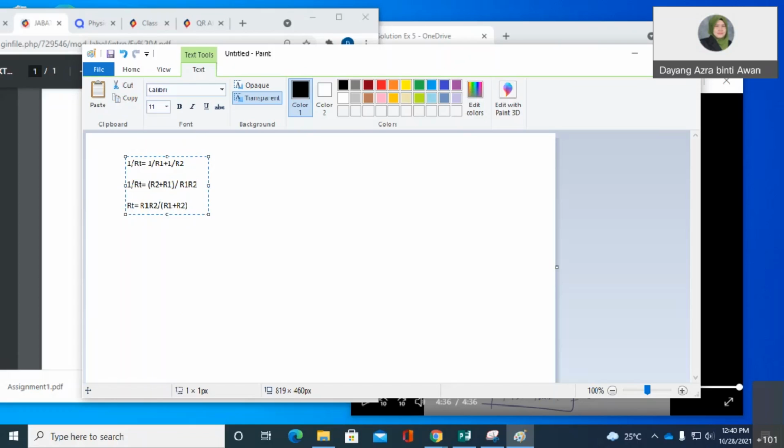This is the formula for parallel. So from here, you can find directly the value of the total parallel resistor, and then you can find the error. So first, you find the error of this one.